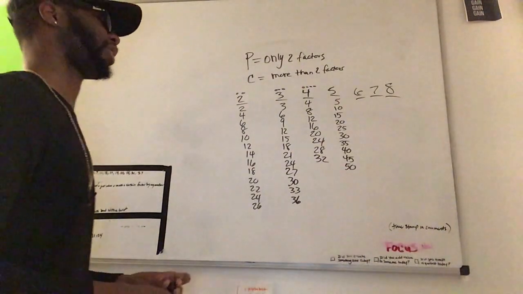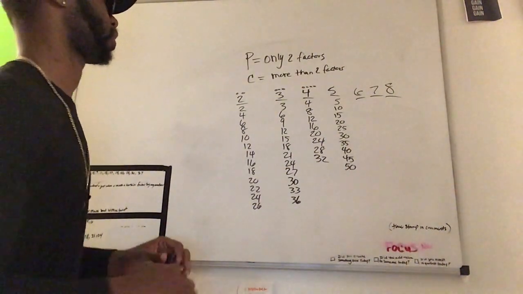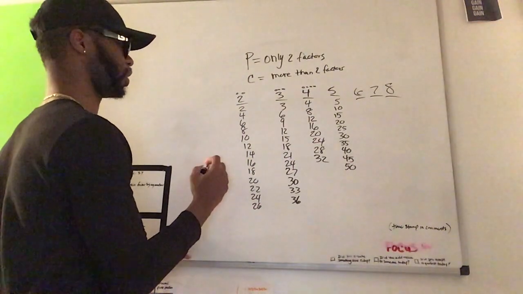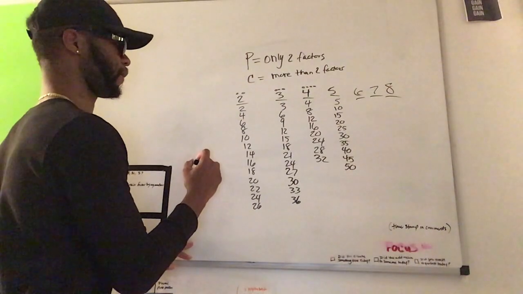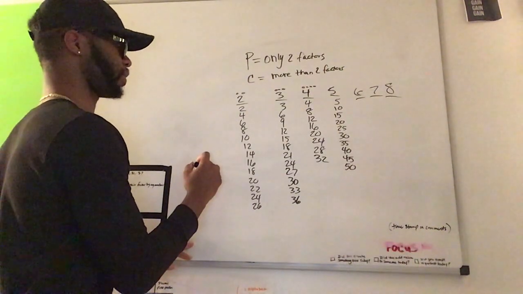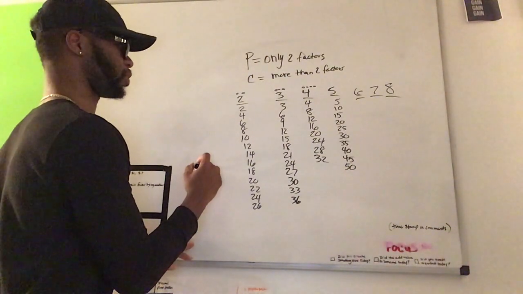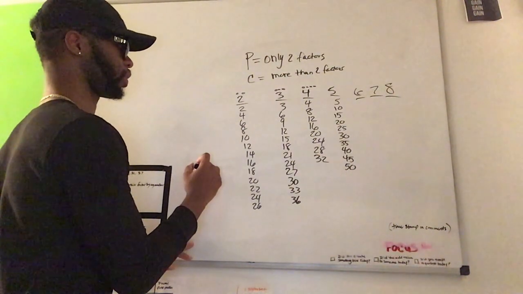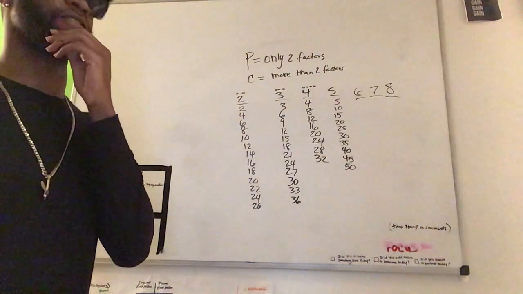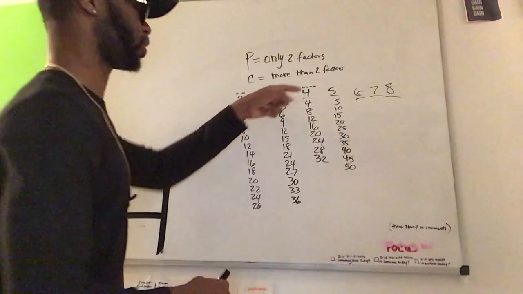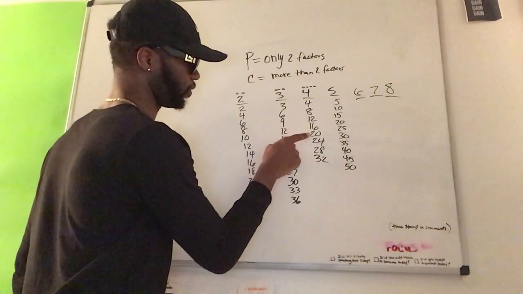So something like that. If they ask you like 4 times 8, you can look on your 4 chart and count down 8 times. 1, 2, 3, 4, 5, 6, 7, 8.